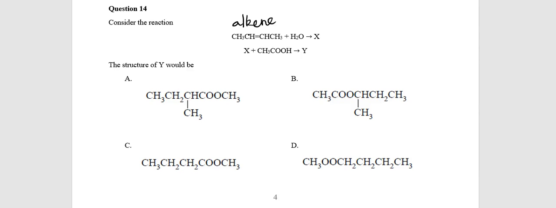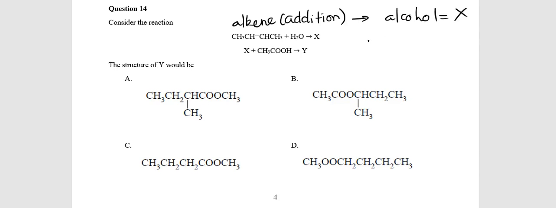So the first one, you have an alkene. Alkenes undergo addition. You should know that. And the product of addition depends on what the alkene is reacted with. In this case, it is reacted with H2O, so it's going to produce an alcohol. So X is an alcohol.